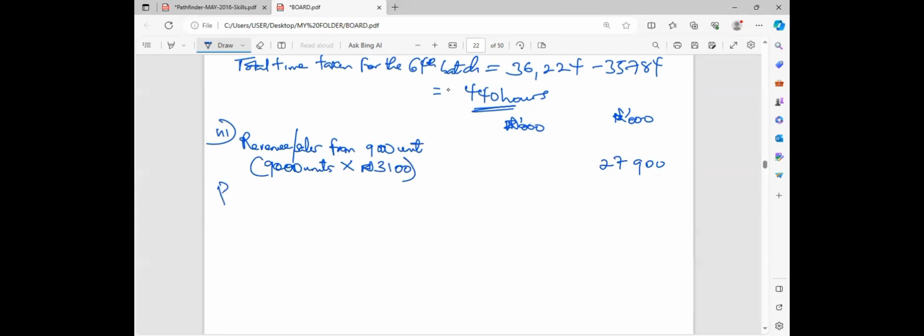And we'll come here and say production cost of 10,000 units. What makes up the production cost? We have variable cost. From the question, what's our variable cost?